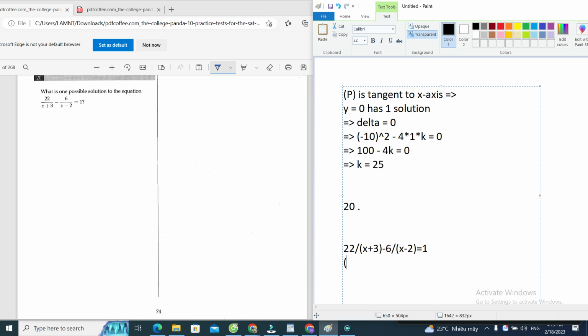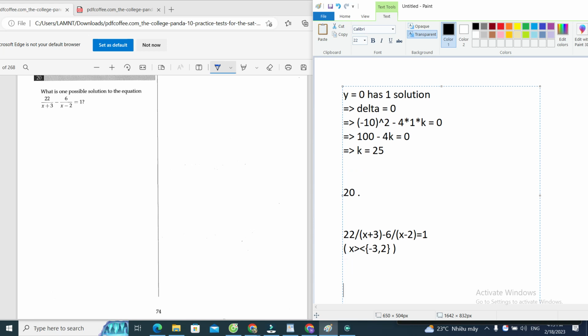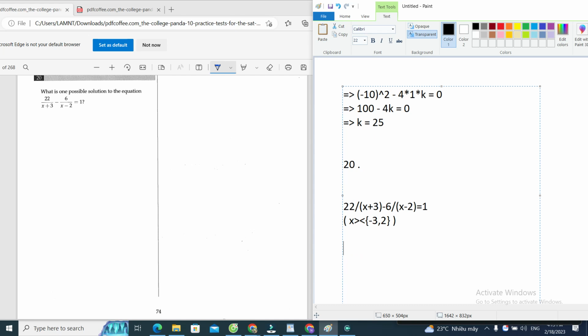The condition is that x has to be different from negative 3 and also 2, right? X has to be different from negative 3 and 2.